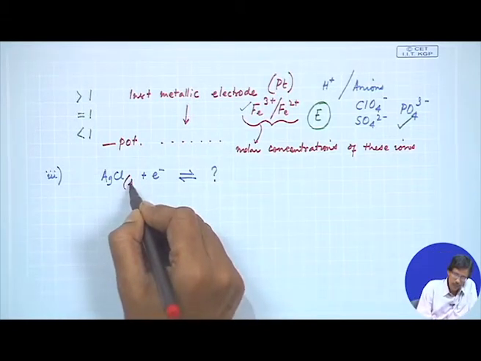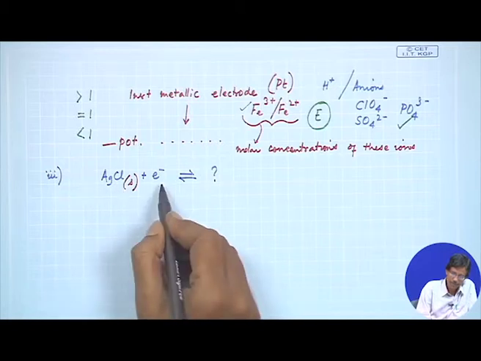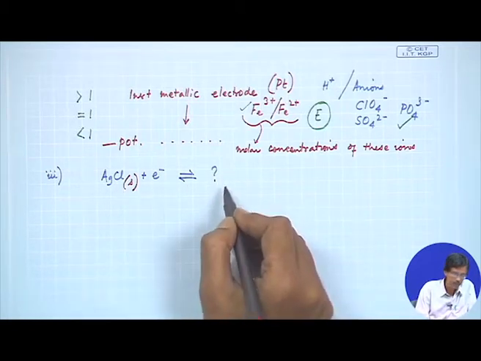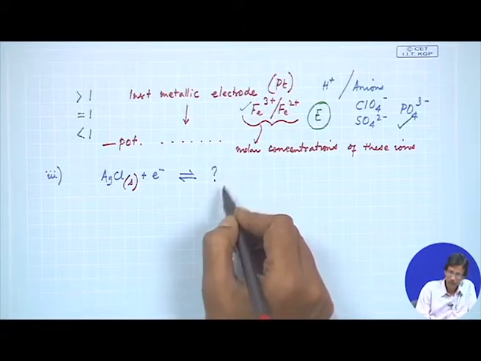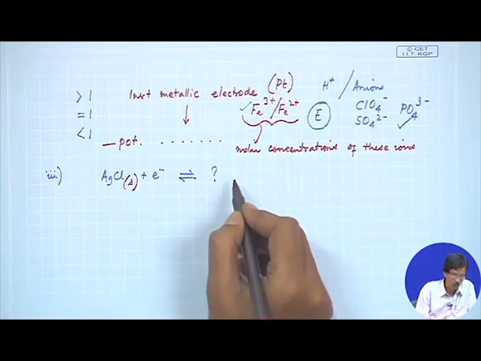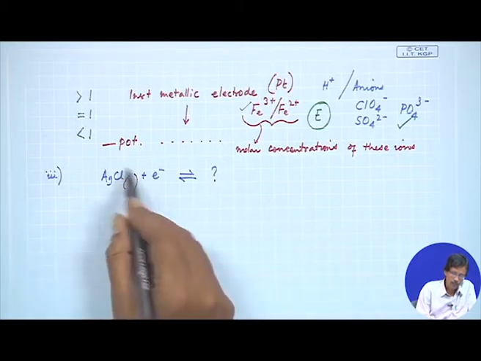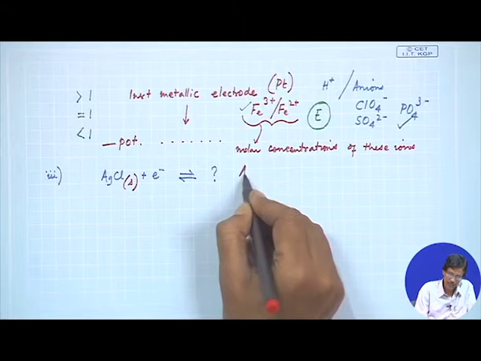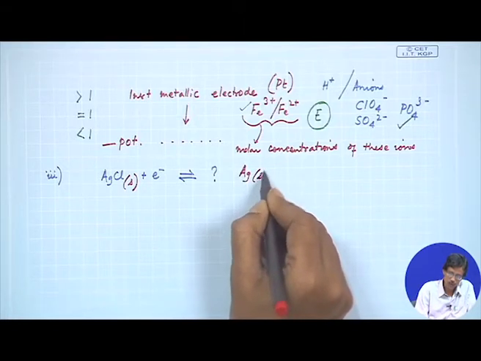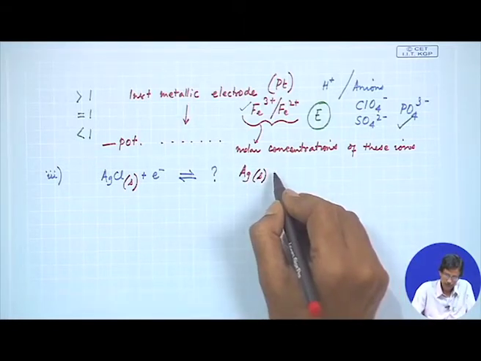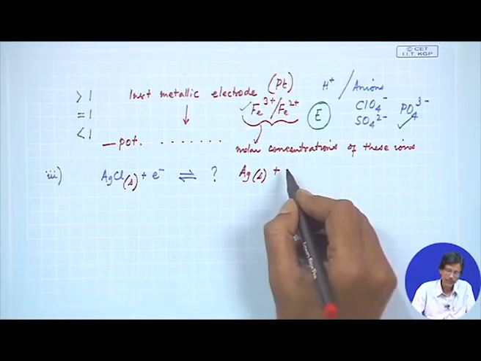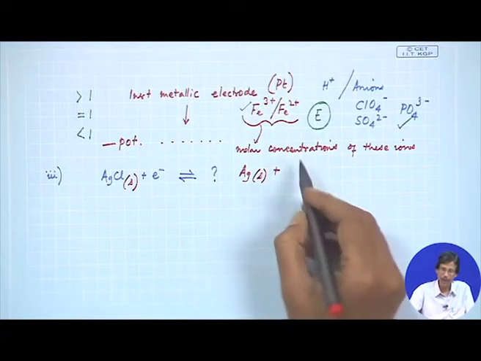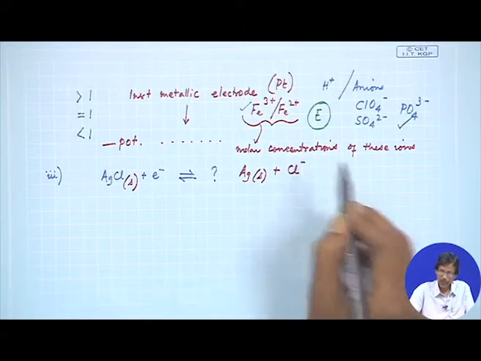So, for silver ion accepting an electron, we expect the generation of solid, metallic silver. So, this is also solid, what is reacting and producing this as the reduced form, all from the silver chloride. Once it forms solid silver, your chloride ion will be released.